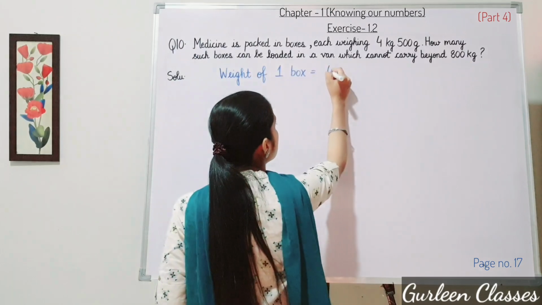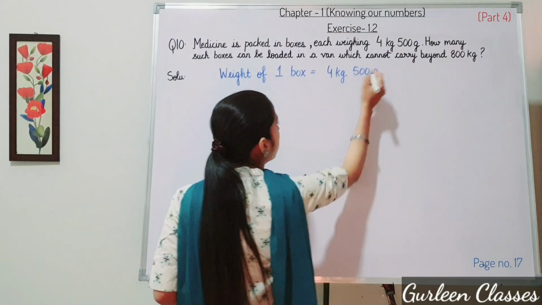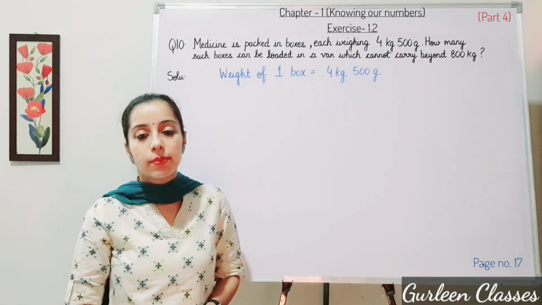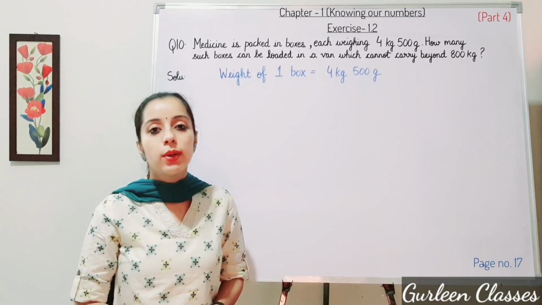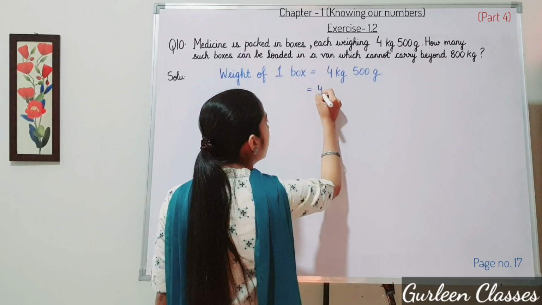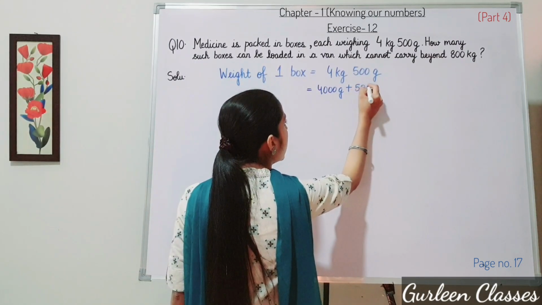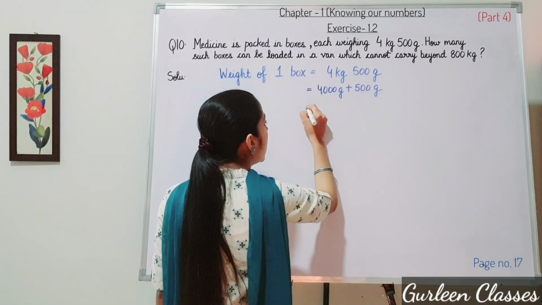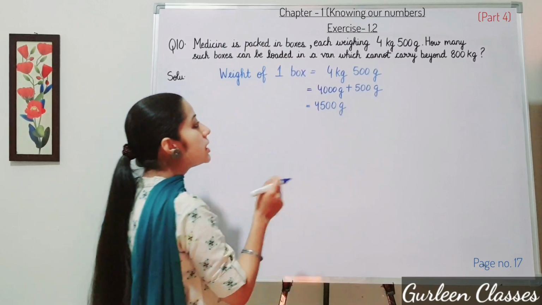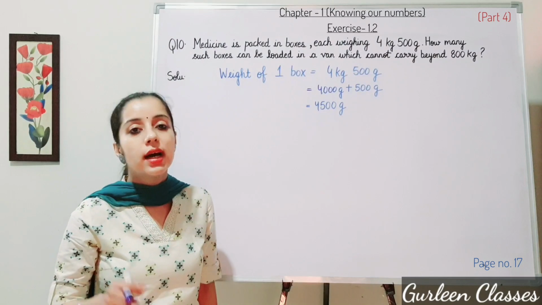That is 4 kg 500 gram. Students, we know that 1 kg is equal to 1000 gram. So 4 kg will be 4 into 1000, that is 4000 gram. So 4000 gram plus 500 gram, that is 4500 gram.